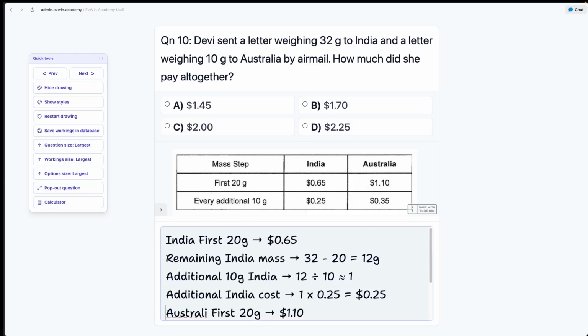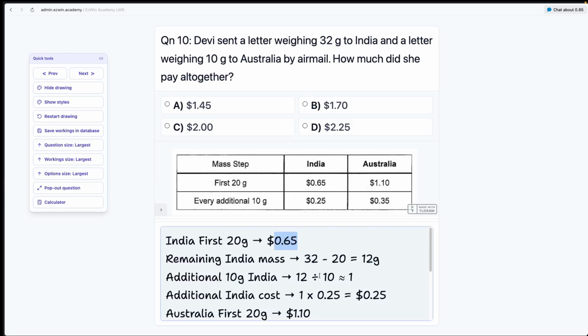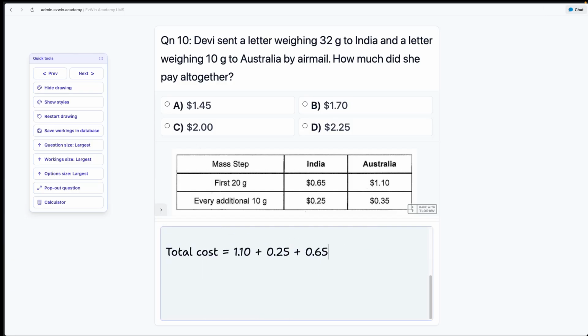So now with this, we can just add them up. So total cost will then be equal to 1.1 for Australia plus India cost, which is 25 cents, and then plus 0.65. And if you were to calculate it, 25 plus 65 is equal to 90 cents.